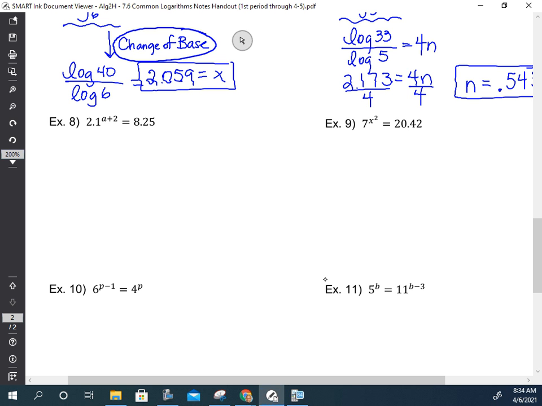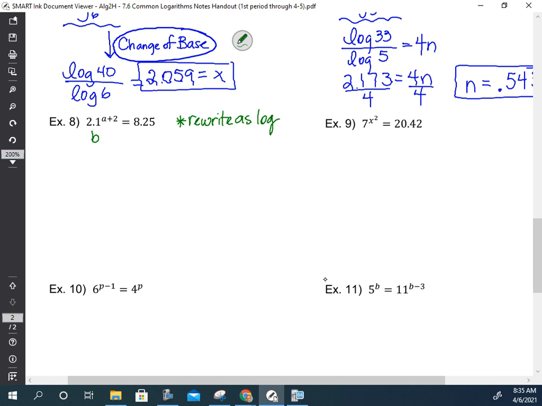So problem 8. 2.1 raised to the a plus 2 power equals 8.25. Just like we did yesterday, your first step is to take this and rewrite it as a logarithmic equation.